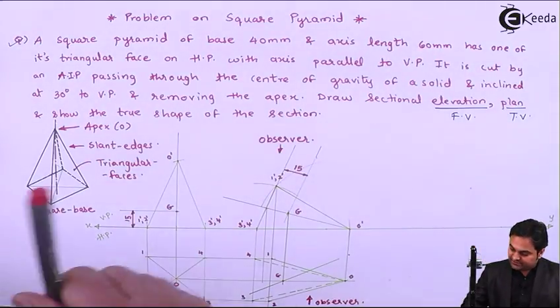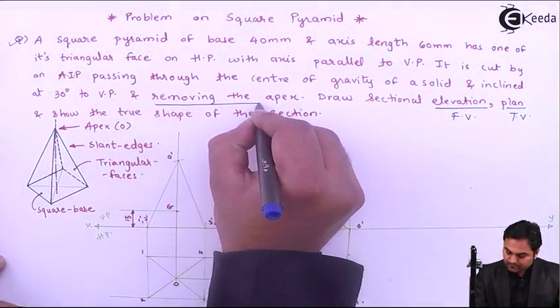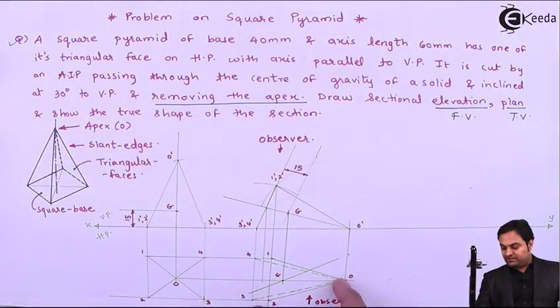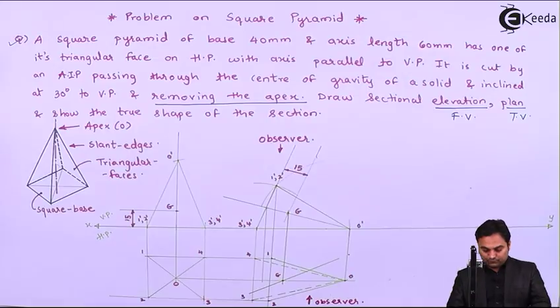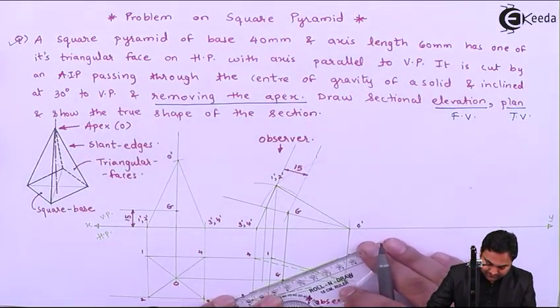Here in the question it is said that removing the apex. So we need to remove this much part which is closer to the observer. So I'll draw the section plane line or the cutting plane line.